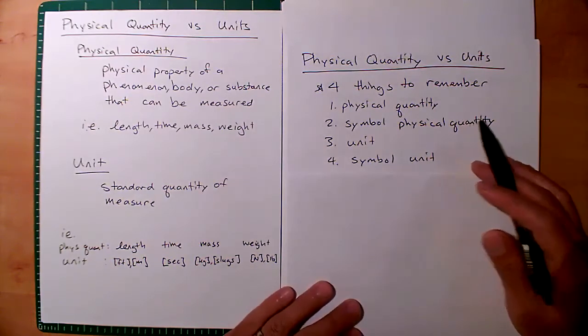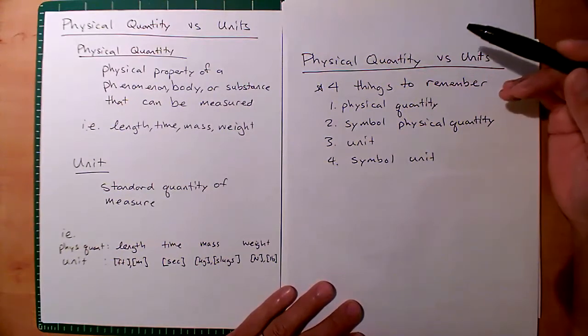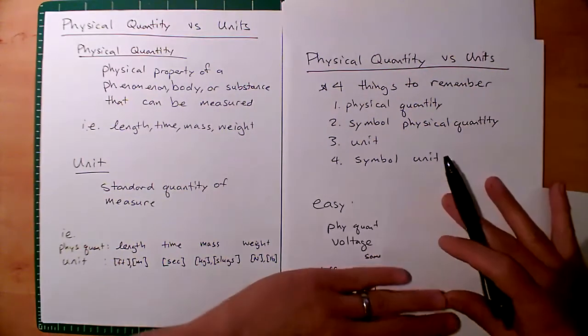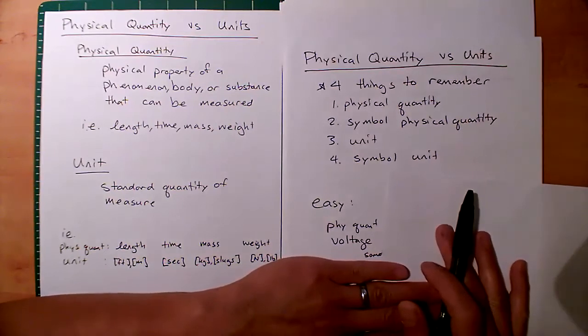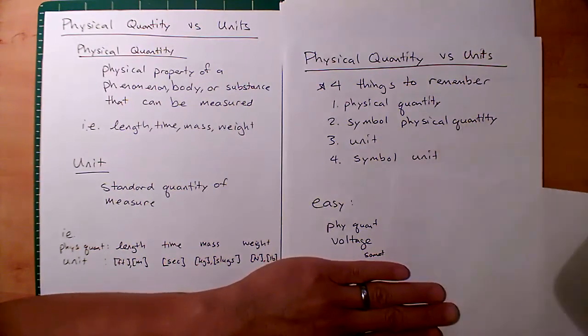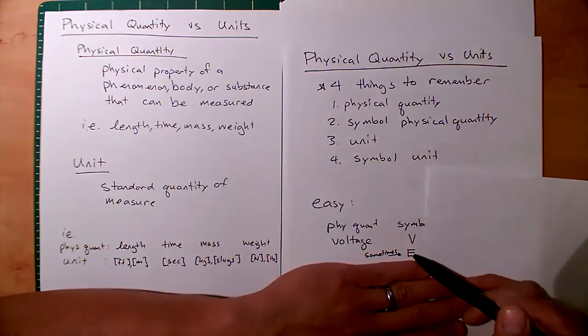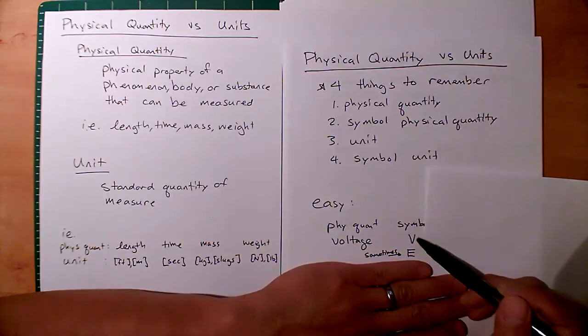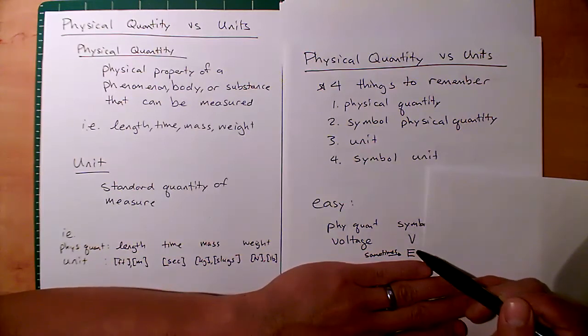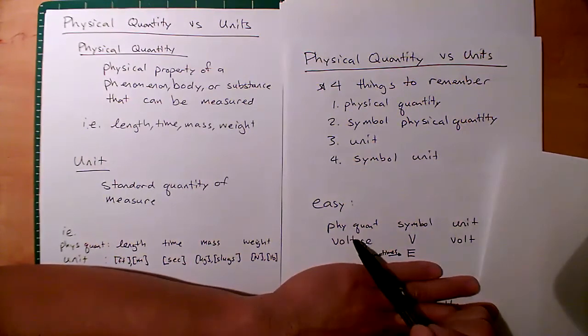Okay, let's do an easy one. A physical quantity that's relevant to this class is voltage. What is the symbol for this physical quantity? The symbol is just V. And sometimes we actually use E for electromotive force, so don't get confused with that. The unit is a volt, so it's actually the same name as the physical quantity.